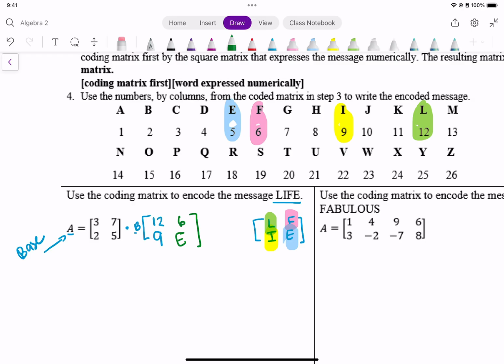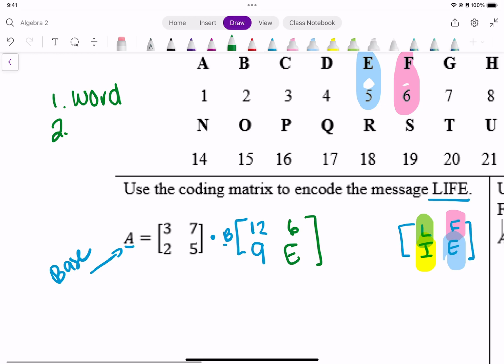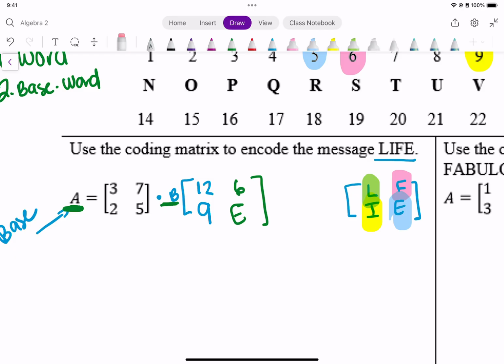Okay, so that was step number 1. I found the word. Step number 2, I'm going to be multiplying the base times the word. So in this case, I'm multiplying A times B. Oh my god, I just saw this. I made a mistake.